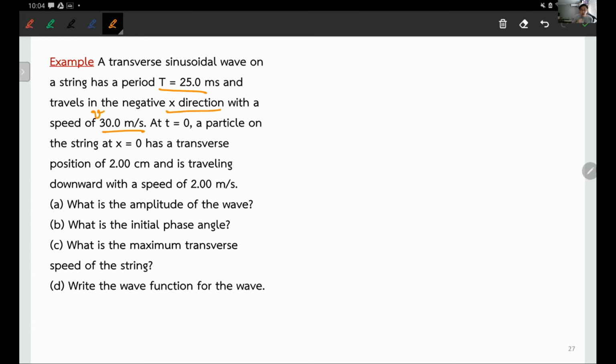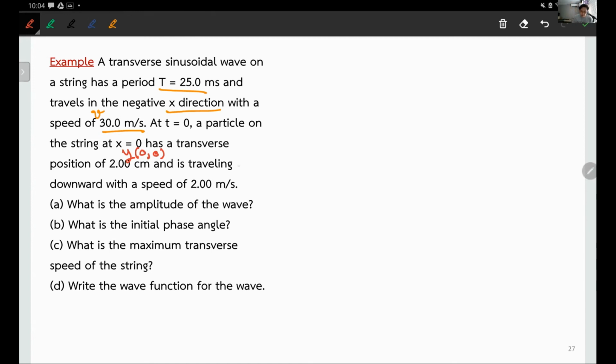At time 0, a particle on the string at x equal to 0 has a transverse position, so this one gives you y at (0, 0) equal to 2 centimeters. And it is traveling downward with the speed given.